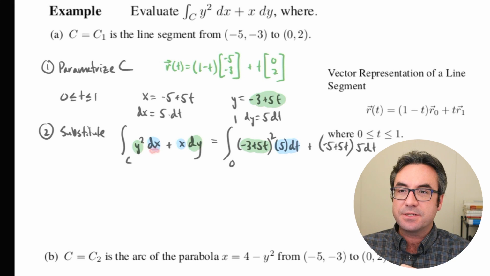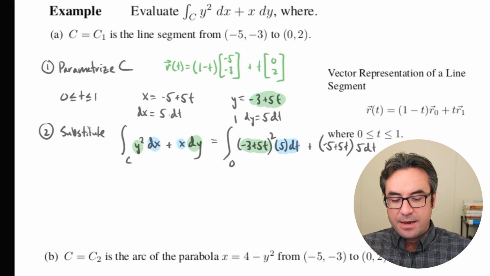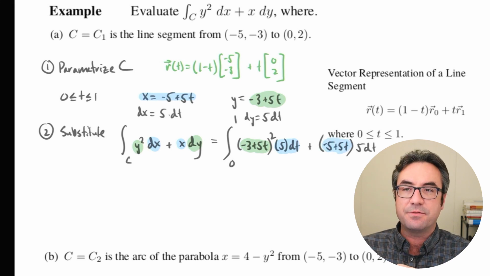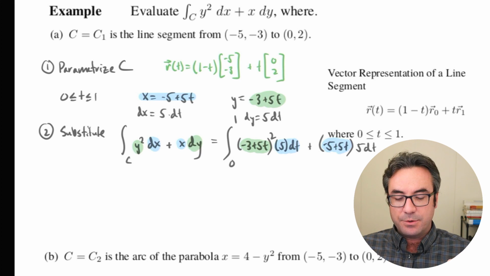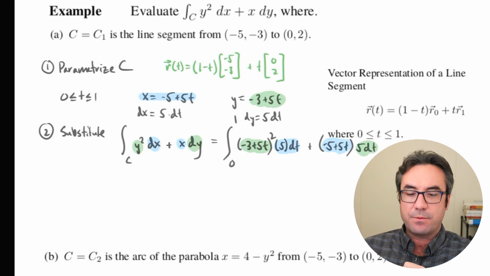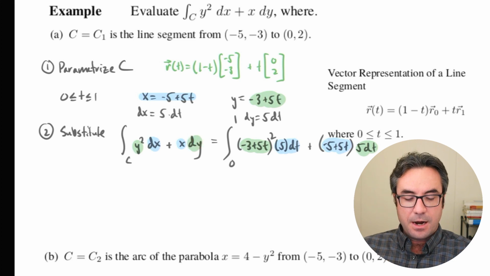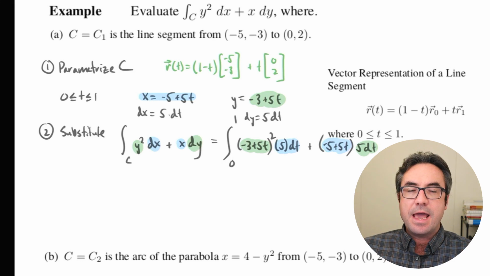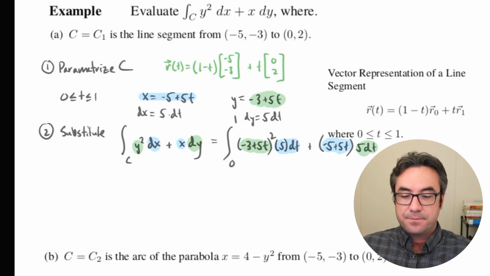Then in the second part, we had our x value. So we figured out our x value and threw that in. So -5 plus 5t from our parameterization. And then we also calculated dy and put that right next door. All right, so now the goal is to just simplify this down and evaluate it.